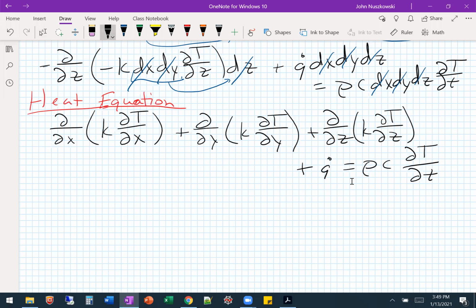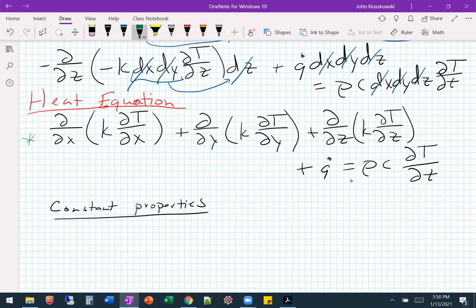First one that we'll see a lot is constant properties. What do we think that does to this main heat equation? What's showing a property that changes in the general form of the heat equation right here?